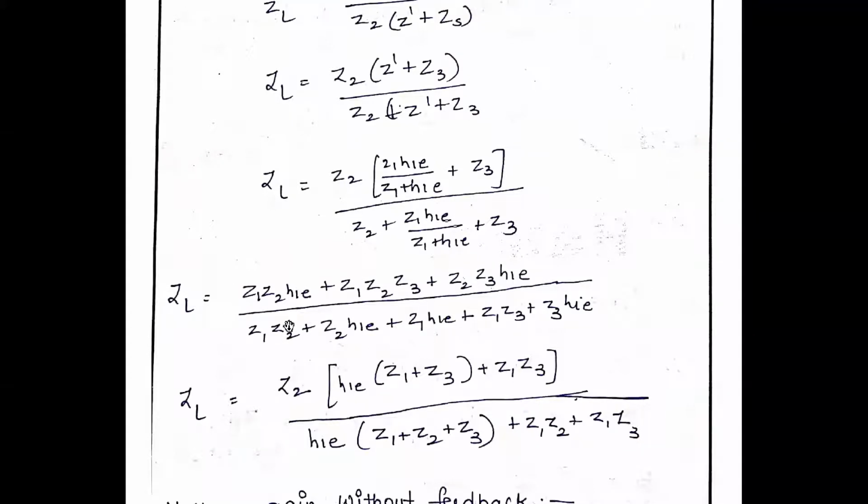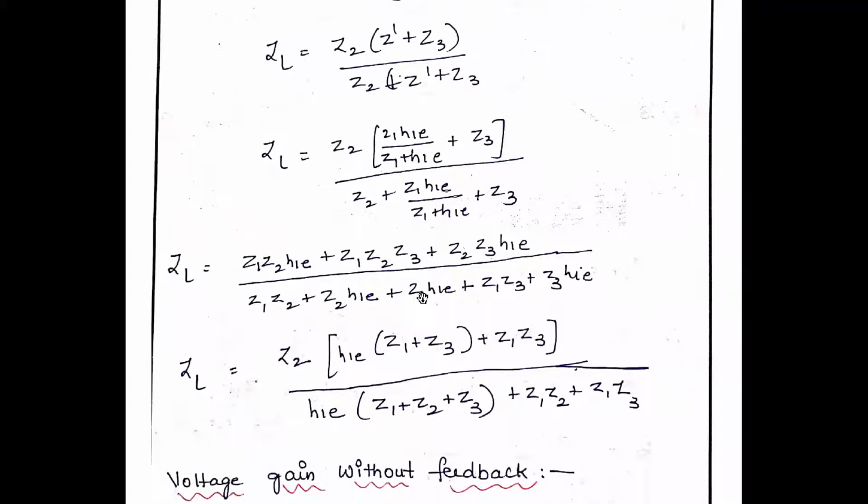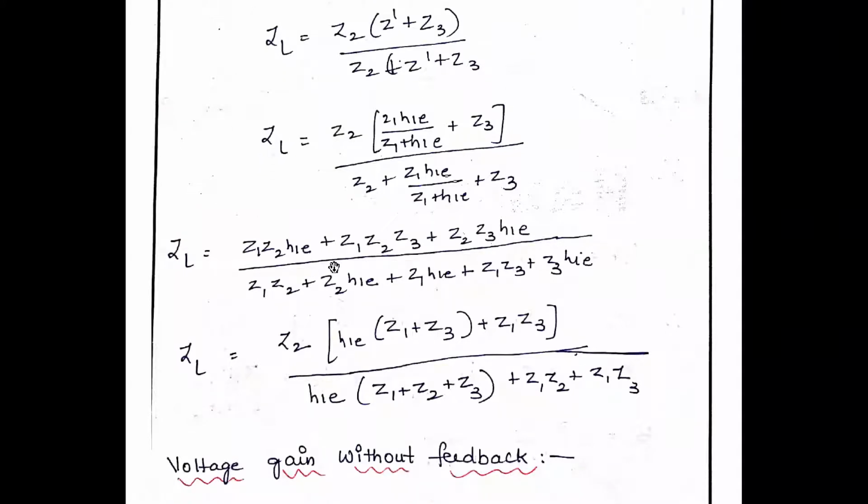This also we discussed in the previous class. Now, in this expression, we can observe that in the numerator the first term has Z2, the second term has Z2, the third term also has Z2. So we can take Z2 common in the numerator. Furthermore, the first term has hie and the last term also has hie.